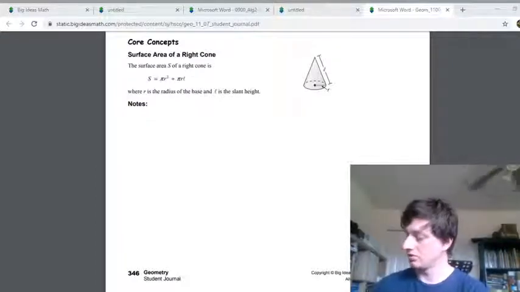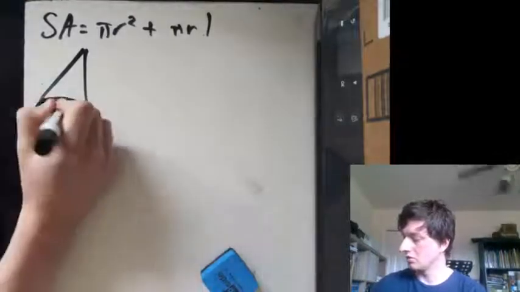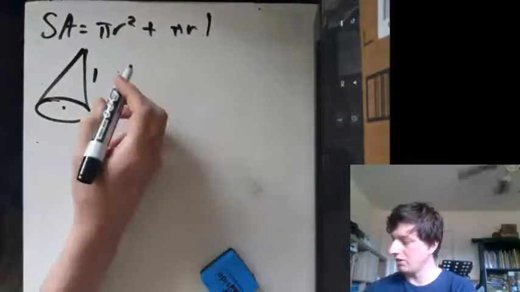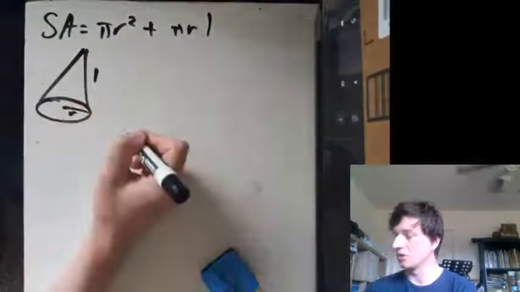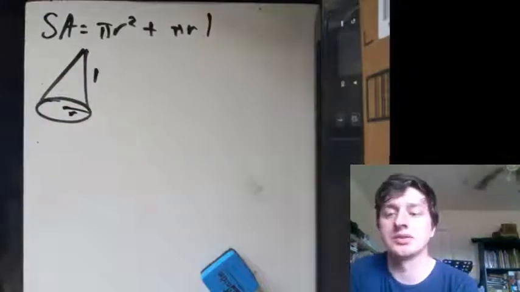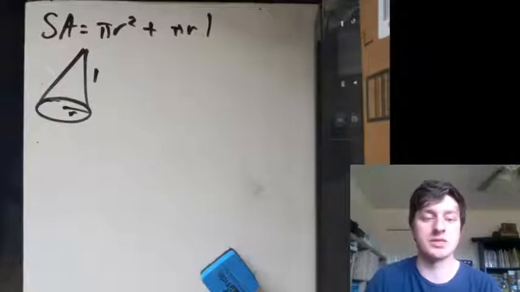So here's our cone. I'm drawing things. Here's our cone. This is going to be L. The radius, of course, is R, and that's going to give us the surface area. Now, justification for this?